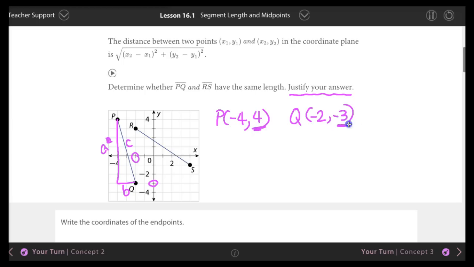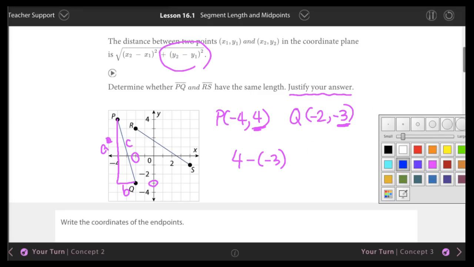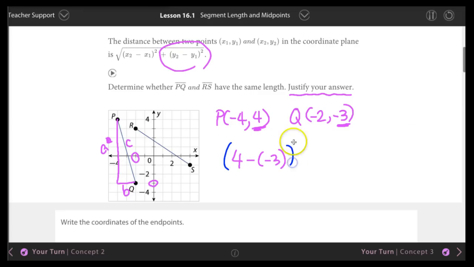4 minus -3. So of course over here they're using the x values first, and what I'm doing is I'm doing this part first, okay? So there you go. I'm going to go 4 minus -3. Okay, and then that's how long this is. So I'm going to go ahead and square it. Okay, and then I'm going to add that. What am I going to add that to?